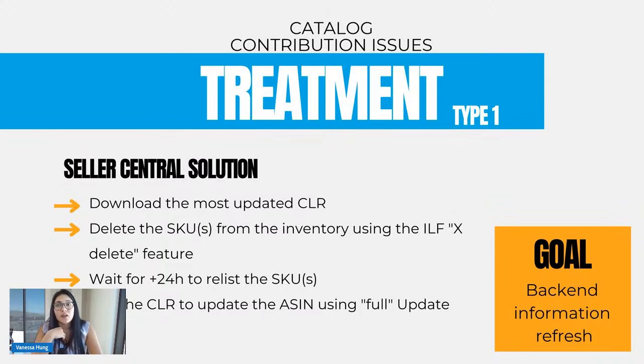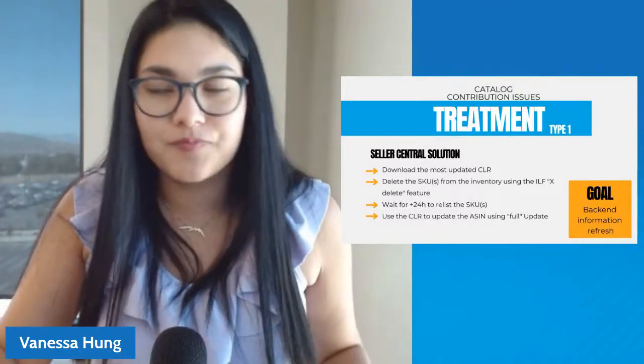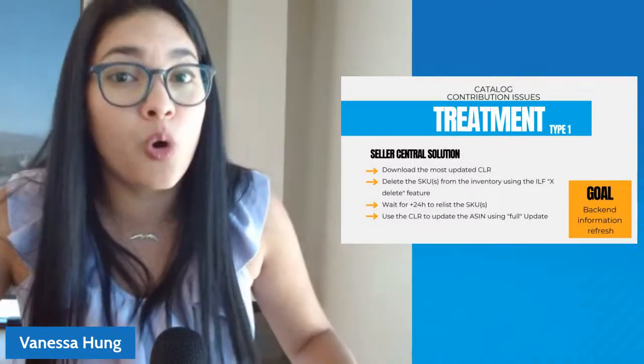I'll do this just without seller support telling me what it is. So if I run the self-serving tool and it is telling me that I own it, now this is a discrepancy in the backend. I need to refresh it. The best way to refresh that is through the inventory loader file with X-delete. So I'm going to delete it for 24 hours or more.